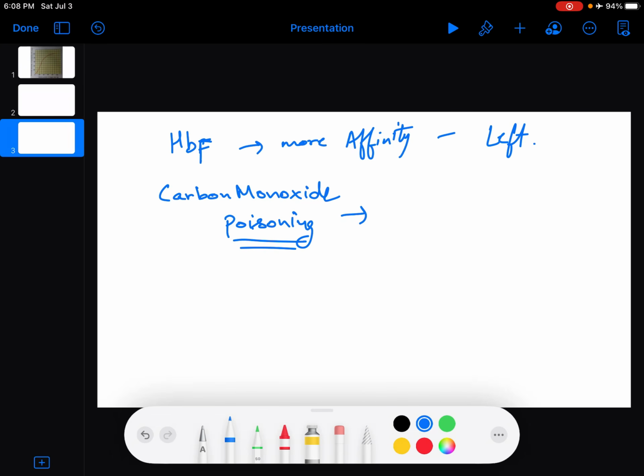Well, not affinity, I will say, for example there are 4 spaces, so carbon monoxide has occupied some of these spaces, now oxygen has occupied this space, so the RBC itself will try to not lose this oxygen and it will kind of trap it. So basically we can call it high affinity.